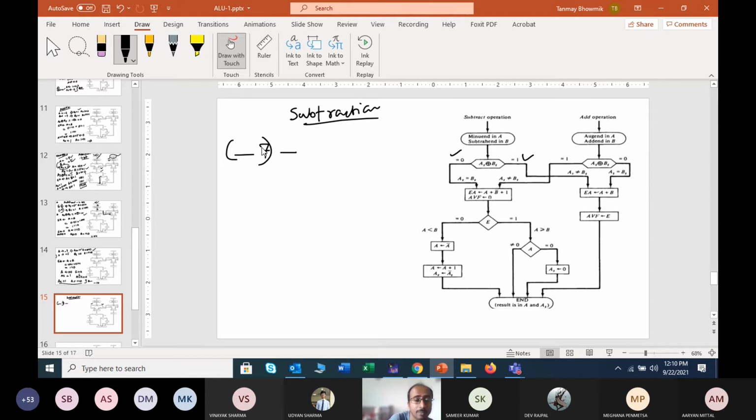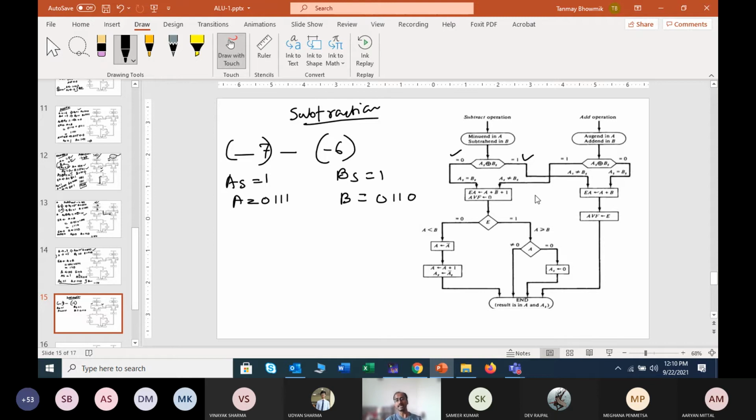This is the sign bit of this 7 and this is the sign bit of this number: minus 7 minus minus 6. So that means your AS is 1, your A is 0 followed by triple one, your BS is 1 again, your B is 0 followed by double 1 0.